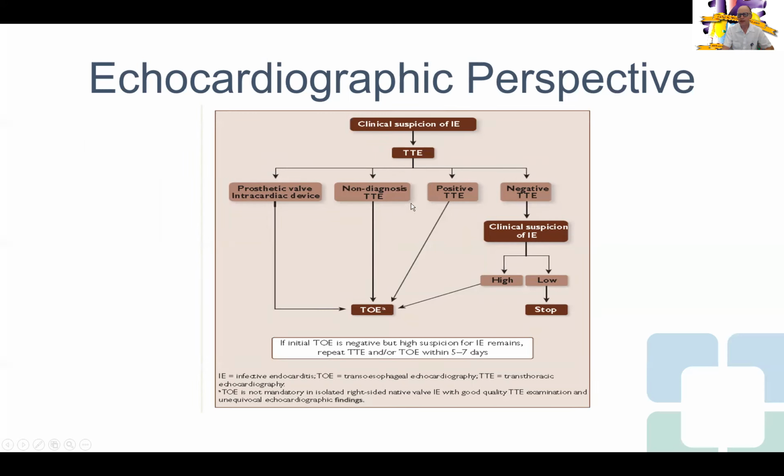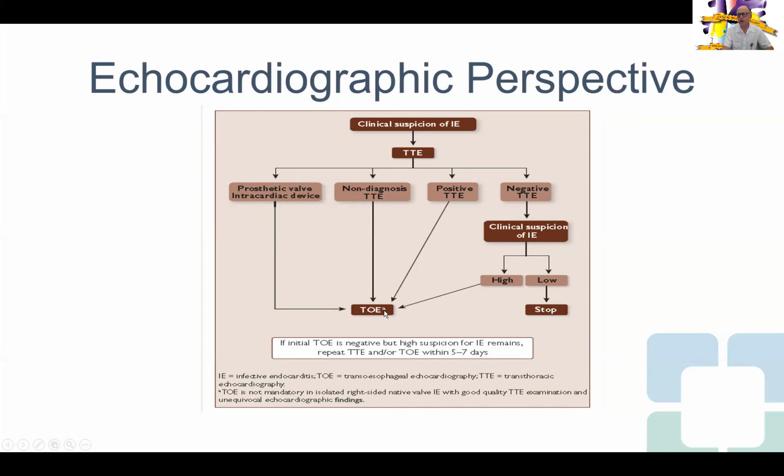So again, this is a summary of what I just told you. If you have prosthetic valve endocarditis, do a brief surface echo and move right away to a transesophageal echo. If you have a non-diagnostic transthoracic echo, move to a transesophageal echo. If you have a positive transthoracic echo, you can underestimate the mechanical complication or the extent of the disease by that.